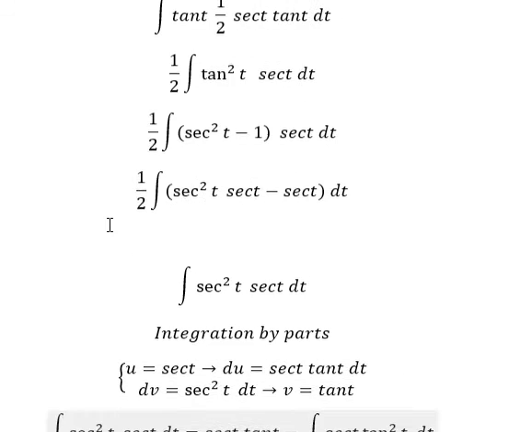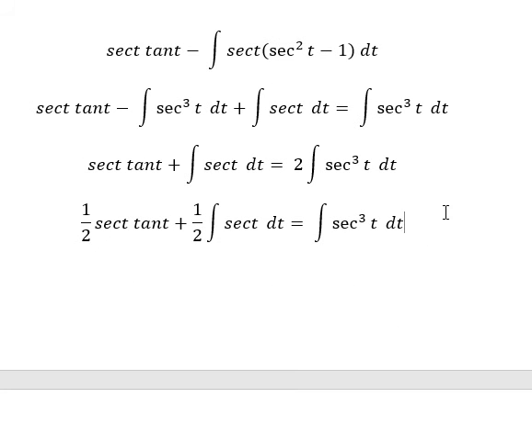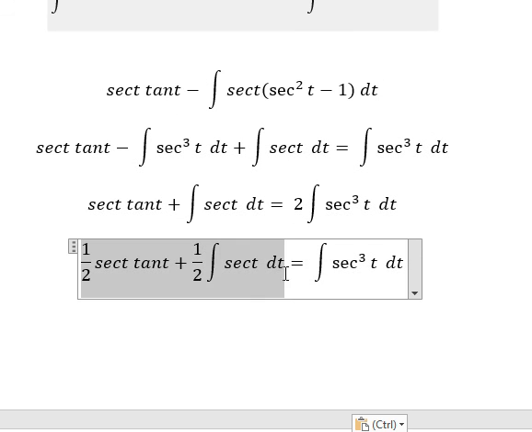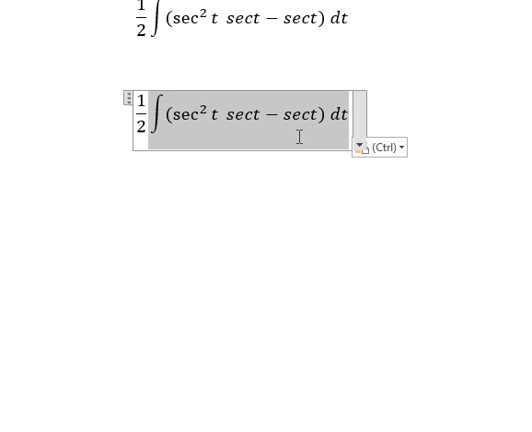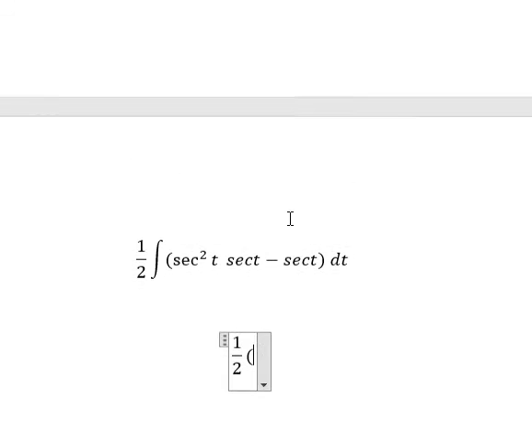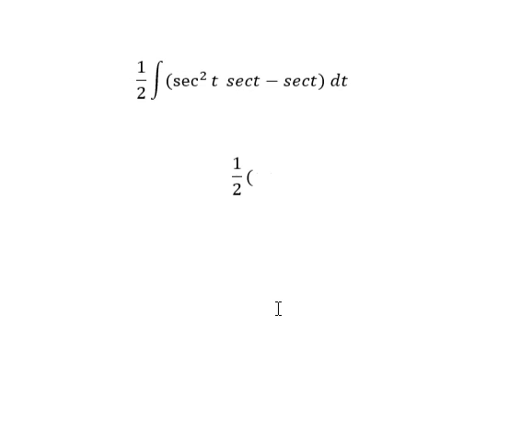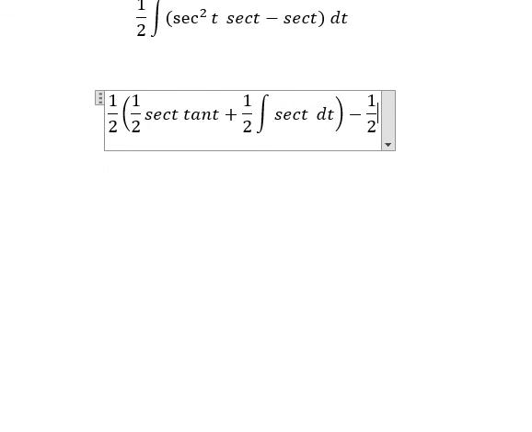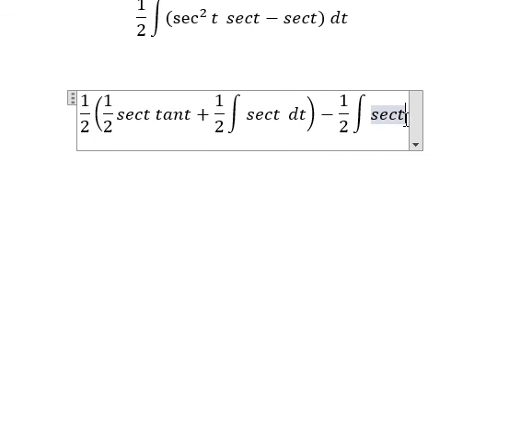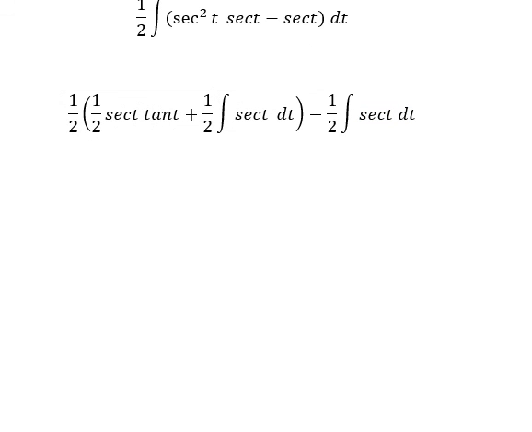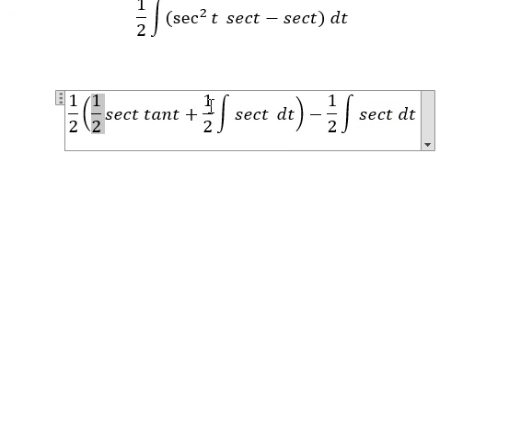Now we return back to this integration. So this one we change by this one, because we have negative secant of t in here. 1 over 2 multiplied by this one and this one.